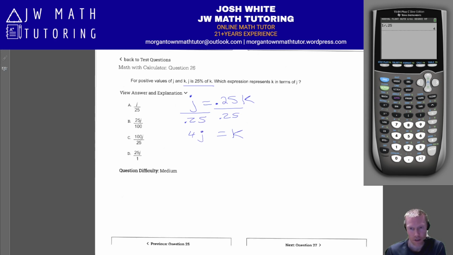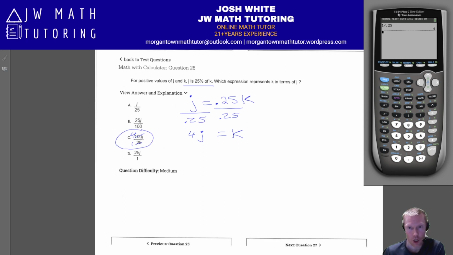So K is technically equal to 4 times whatever J is. The problem is, look at the answer choices. None of those match exactly what we found. However, if you notice, and you could check this on your calculator, 100 divided by 25 just reduces to 4 over 1. So the correct answer is going to be letter C.